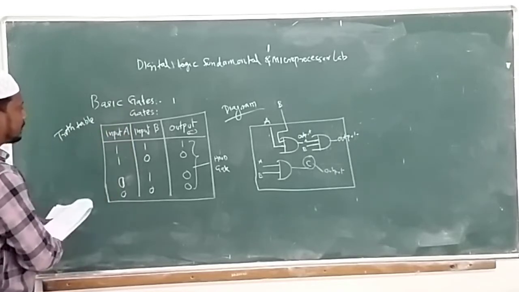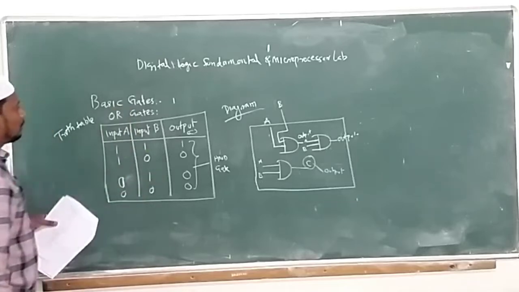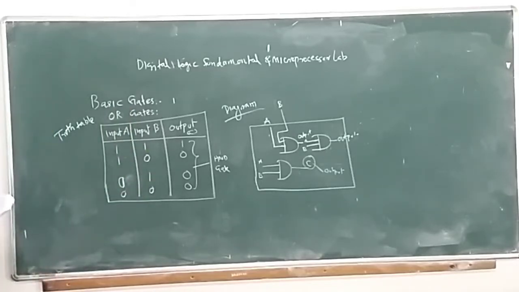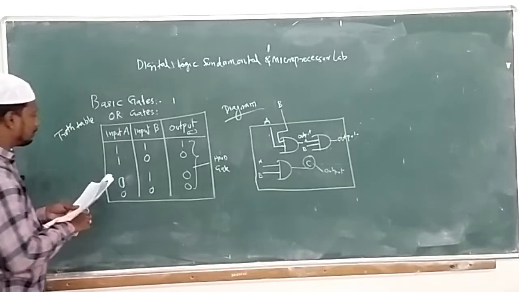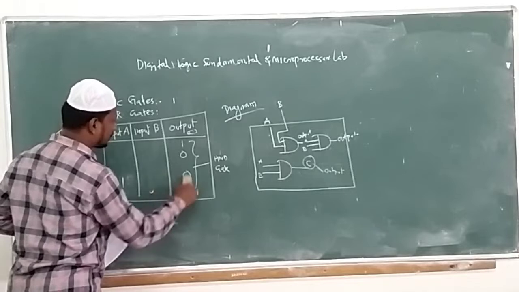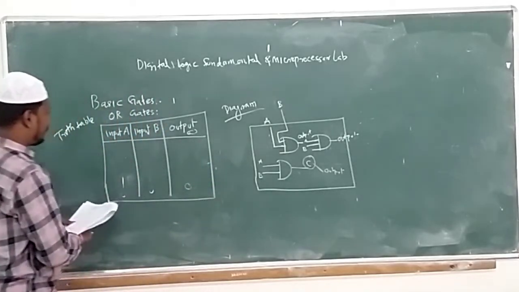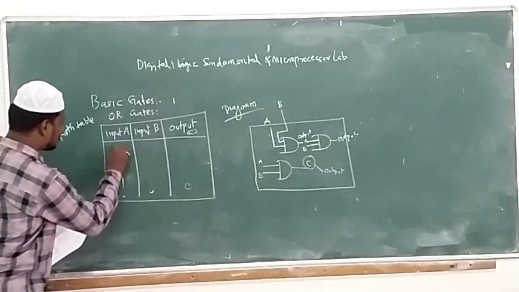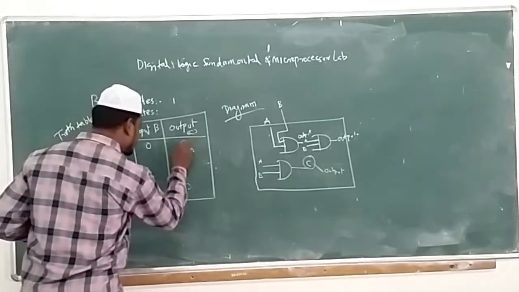What is the second gate? OR. So, for the OR gate, the table is slightly modified. For example, I will erase the input values and output values. So, I will enter the value 0, again 0, what is the output? 0.